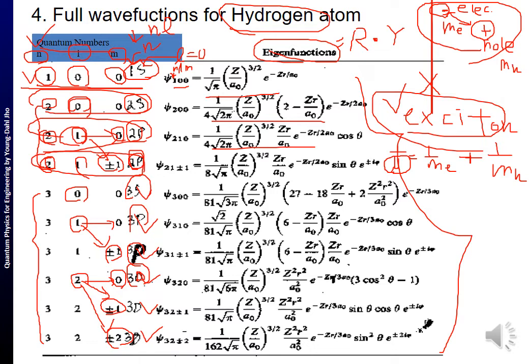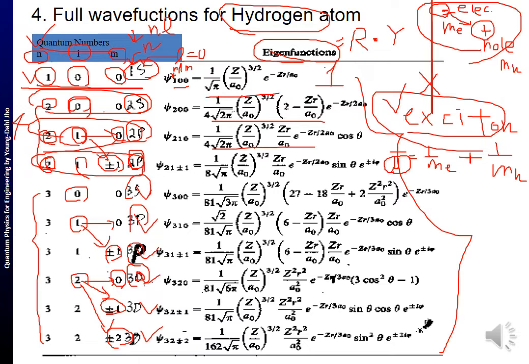Before I stop this, let me count again the number of states for each n quantum number. We have one state here, and here we had 4 different states.